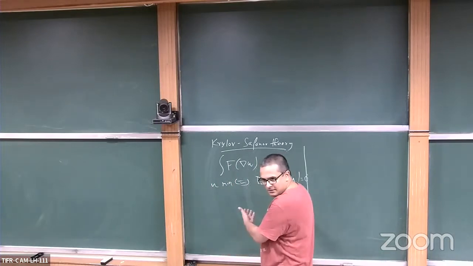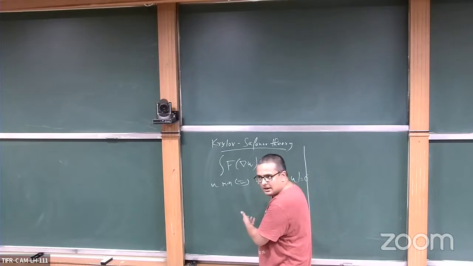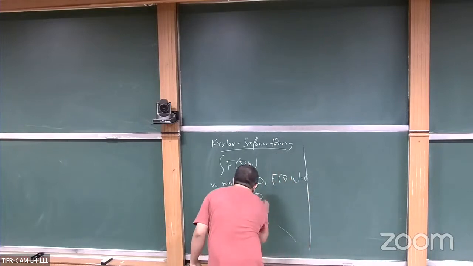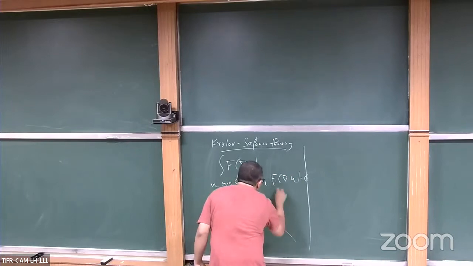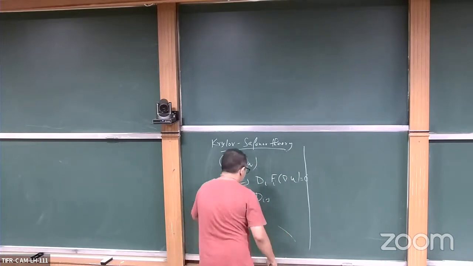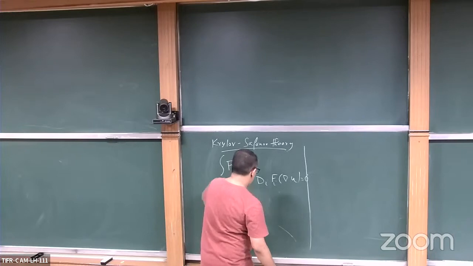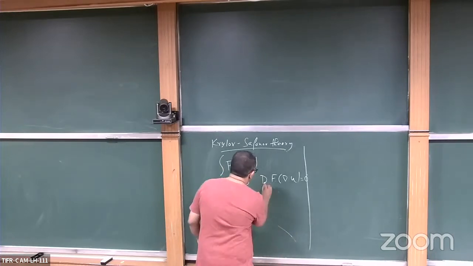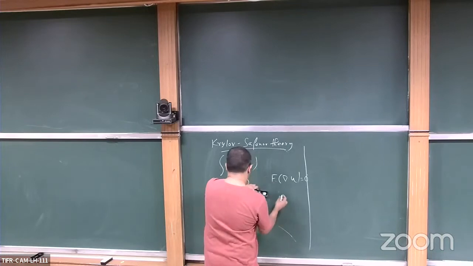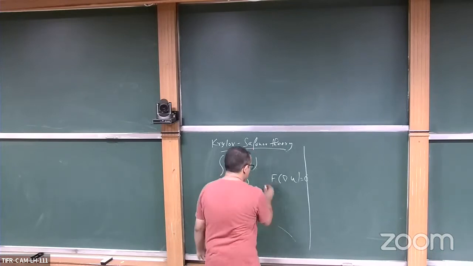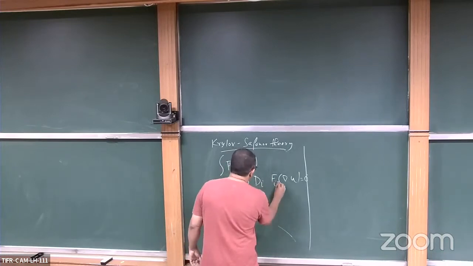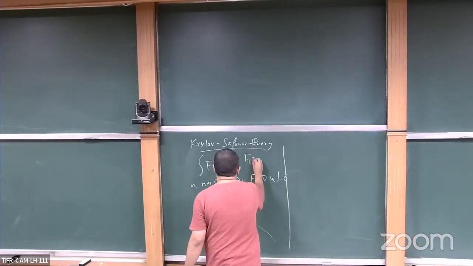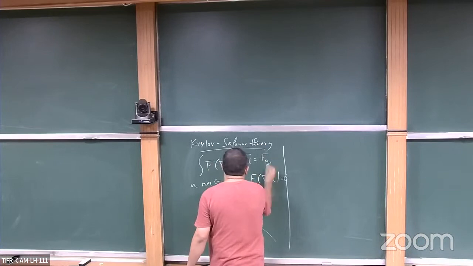You differentiate this Euler-Lagrange condition in some direction e_k, then what you get is D_i. So f_i, I have to say, f_i is f in the direction of p_i.